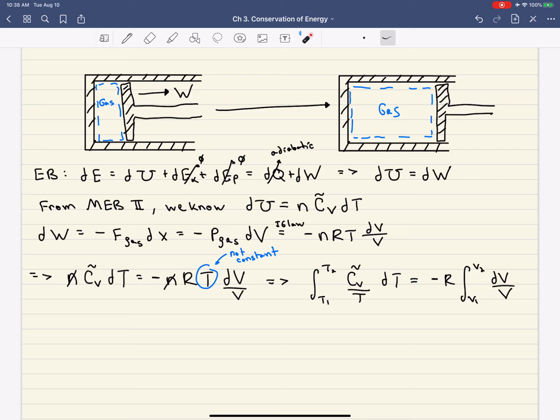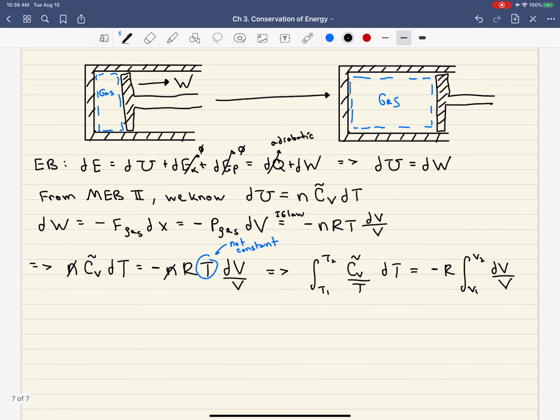And so for the general case, when you take the integral of all the temperature terms, the CV is also going to be a function of temperature, so that needs to stay inside of that integral. But to at least simplify the analysis, what I really want to focus on is some general behaviors. And so for now, we're going to assume that our constant volume heat capacity is just a constant. Okay?